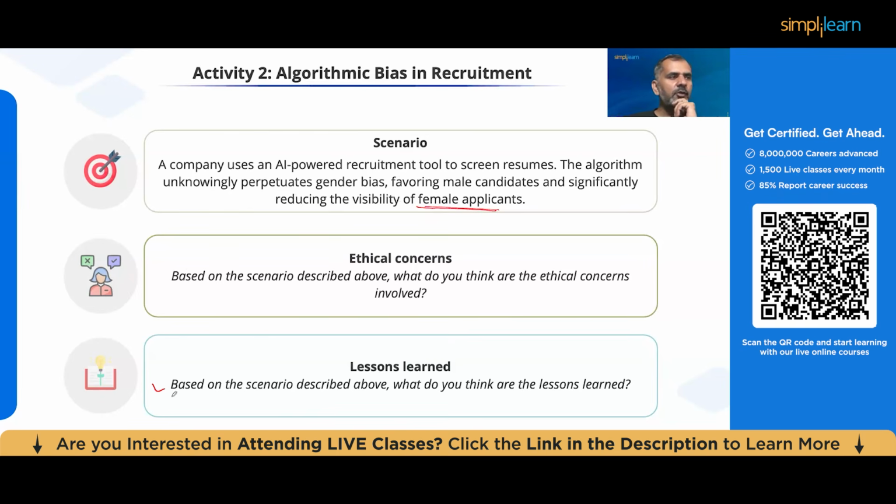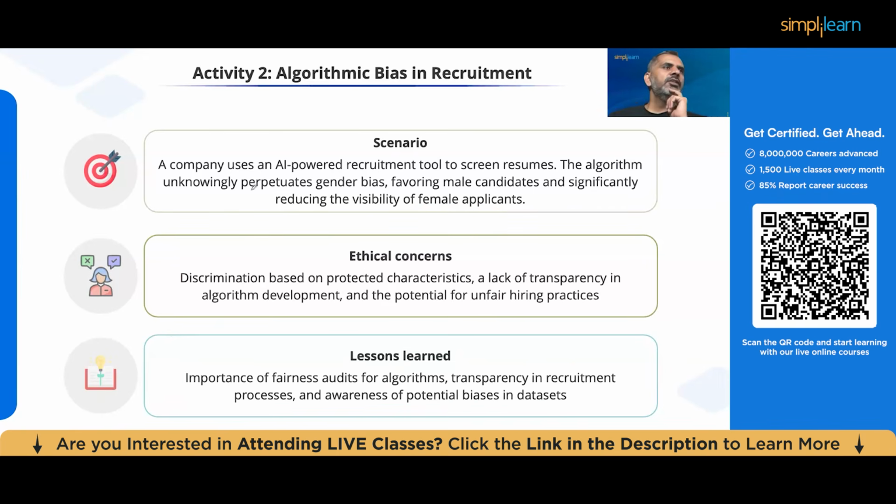So what are the lessons learned from here? You have to introduce more fairness in data collection and the use of data to remove bias and discrimination. So you see that this is what we get. A company uses an AI-powered recruitment tool to screen resumes.